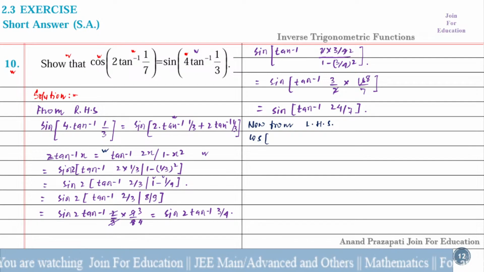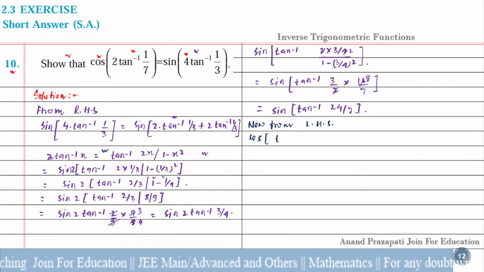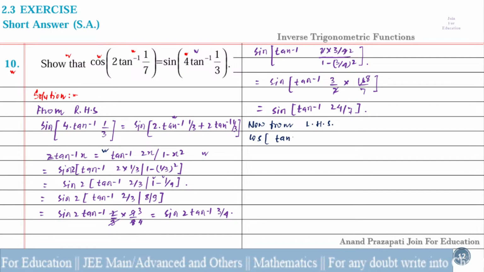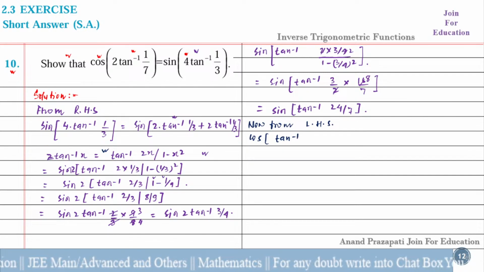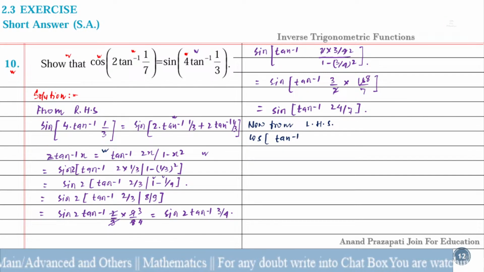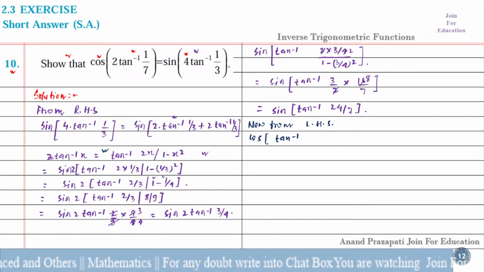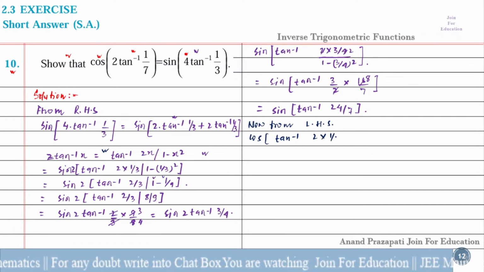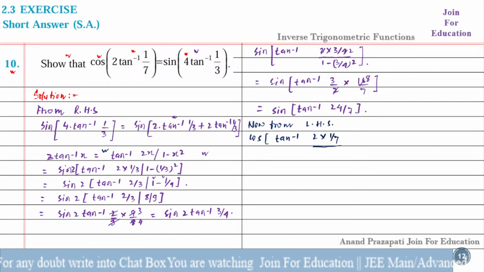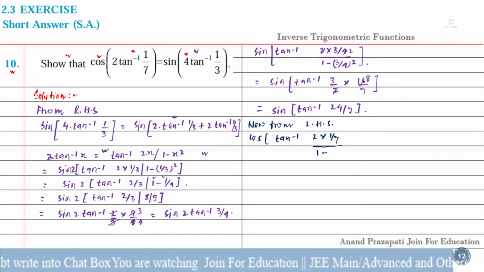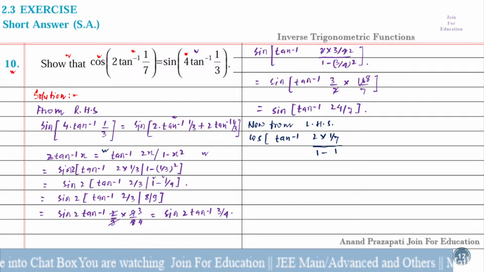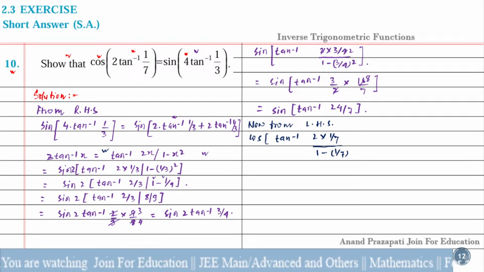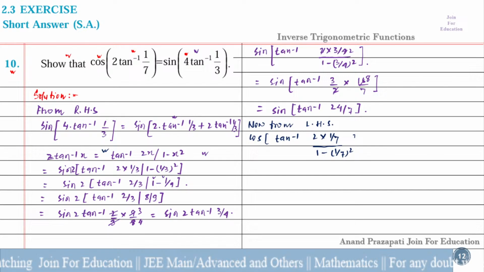So here will be tan inverse 2 into 1 by 7 by 1 minus 1 by 7 whole square.